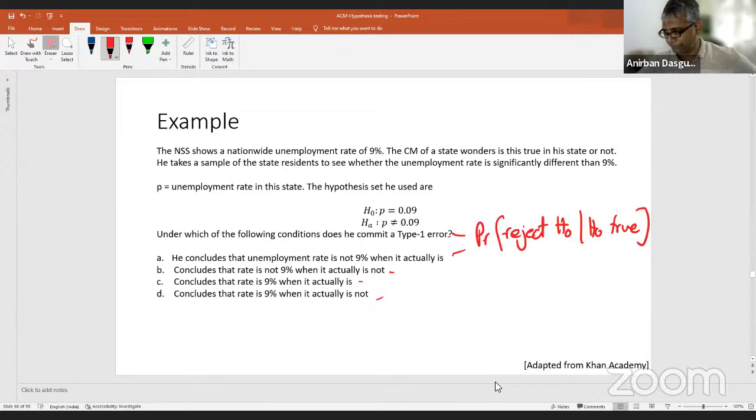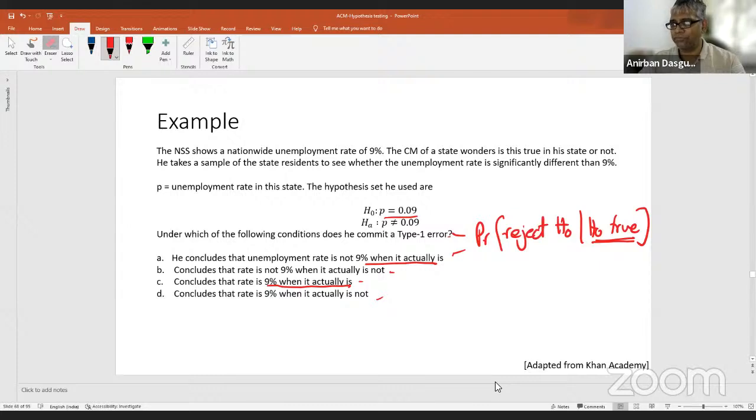Any thoughts? See, H0 is true for type 1 error, right? Which means that I can already nail it down, it either has to be A or C, right?